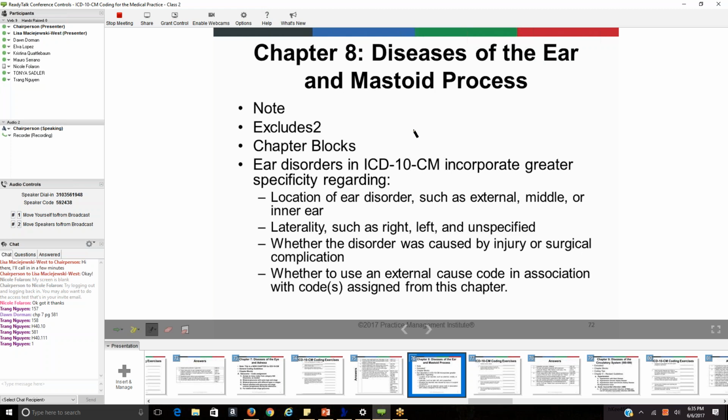In the ears, we do not have that. And you see that there are just a few blocks: diseases of the external ear, diseases of the middle ear and mastoid, diseases of the inner ear, and other disorders of the ear. Then you also have the H95 codes, which are the intraoperative and post-procedural complications and disorders of ear and mastoid process not elsewhere classified.